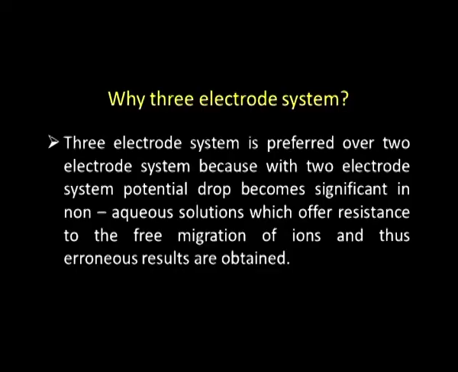Now the question comes, why do we use a 3 electrode system and not a 2 electrode system, which is very common in polarography. A 3 electrode system is preferred over a 2 electrode system because with a 2 electrode system the potential drop becomes significant in non-aqueous solutions which offer resistance to the free migration of ions, and thus erroneous results are obtained.